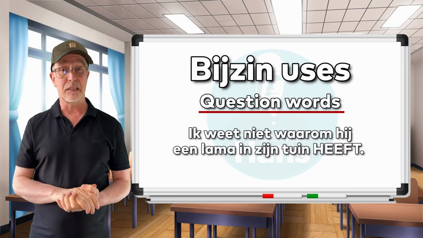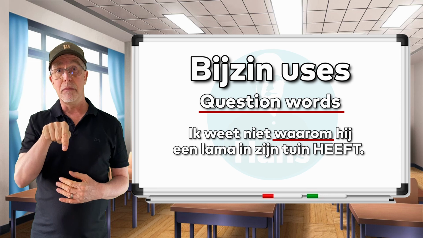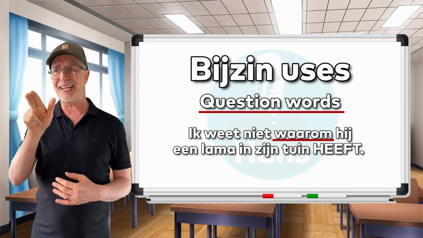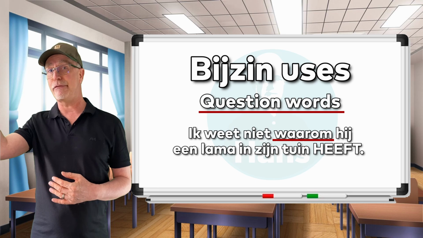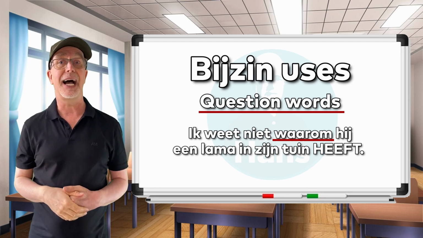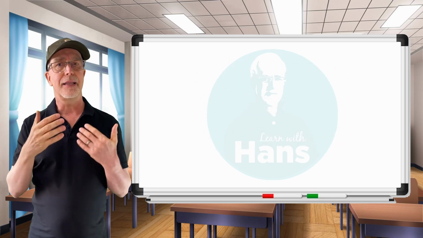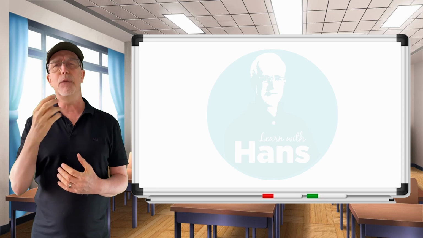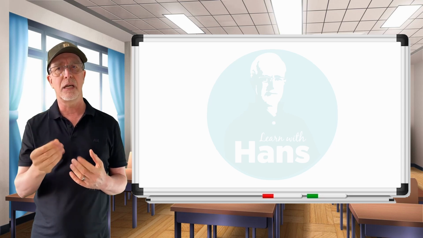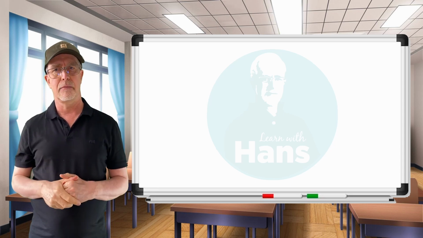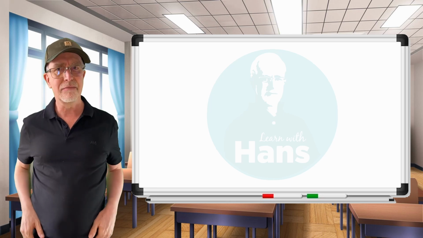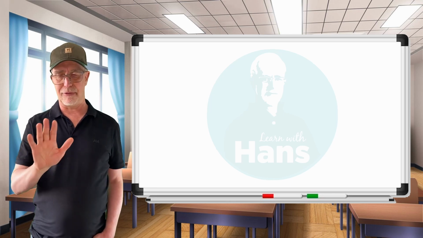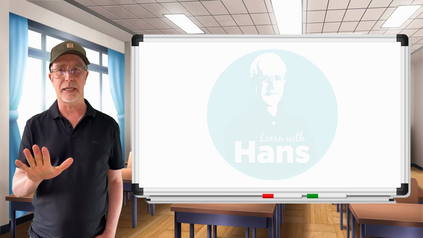Ik weet niet waarom hij een lama in zijn tuin heeft. The verb at the end. Those are the three most used reasons for this bijzin. As you can see, still very easy, right? Okay, relax. We're getting there.